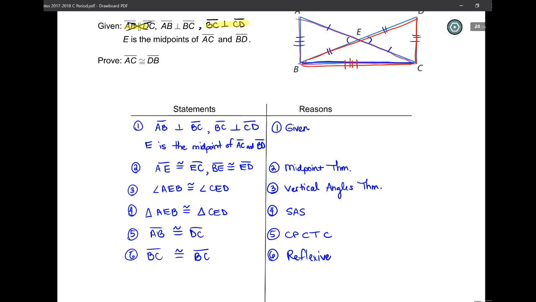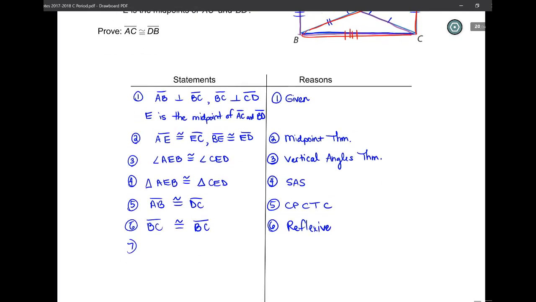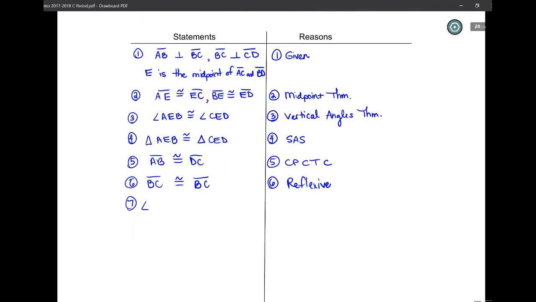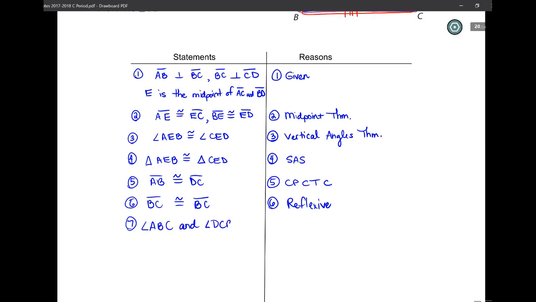And then we're going to go back to the given, and we're going to use it. We're finally going to use those perpendicular segments. So if they're perpendicular, then we know angle ABC and angle DCB are right angles. Now, I will accept either definition of perpendicular lines or perpendicular lines form right angles.